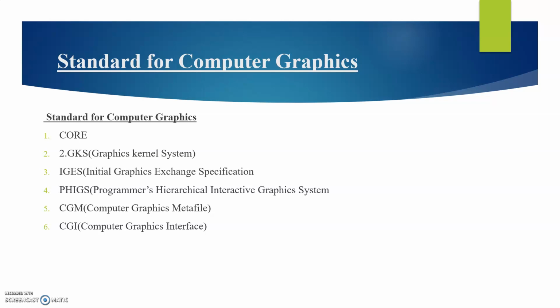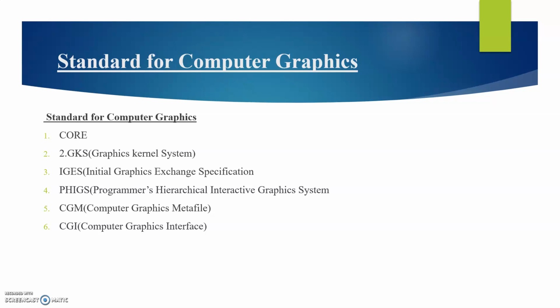Fourth is PHIGS, that is the Programmer's Hierarchical Interactive Graphic System. It supports workstations and their related computer graphics applications. Fifth is CGM, that is Computer Graphics Metafile. It defines functions needed to describe an image.